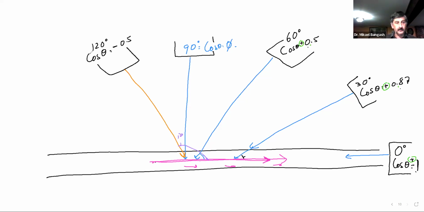If you go another 30 degrees onto 120, this here is 150 degrees. 150 degrees also has a cosine theta value, and the cosine theta value of 150 degrees is going to be 0.87, or more accurately, negative 0.87.